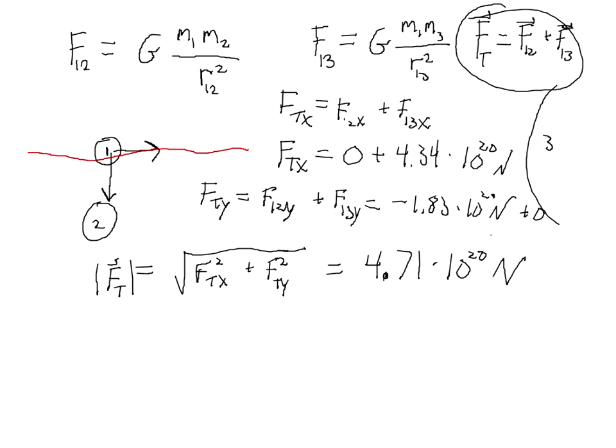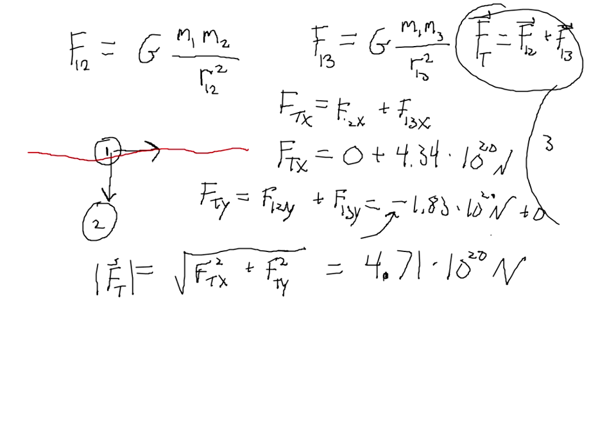Okay, now, by the way, when you're using the Pythagorean theorem here, don't get thrown off by that negative sign. Remember, when you square a negative number, it becomes positive. Now, this tells us only the magnitude of the force. It doesn't give us the direction. To find the direction, we'll need to draw the triangle.